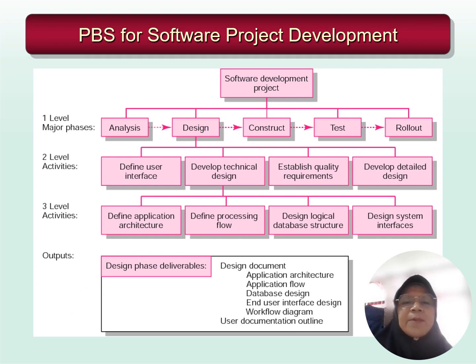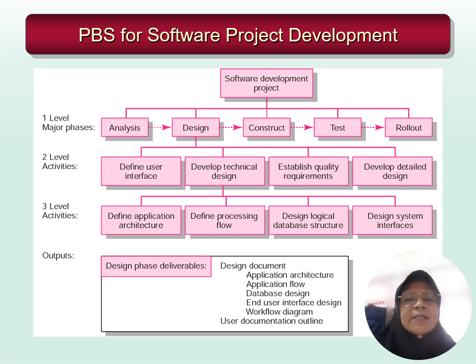This is an example of a PBS for software project development. On top here we have the work breakdown structure, WBS. We have the project title, software development project, and then the first layer, major phase, consists of analysis, design, construct, test, and rollout.